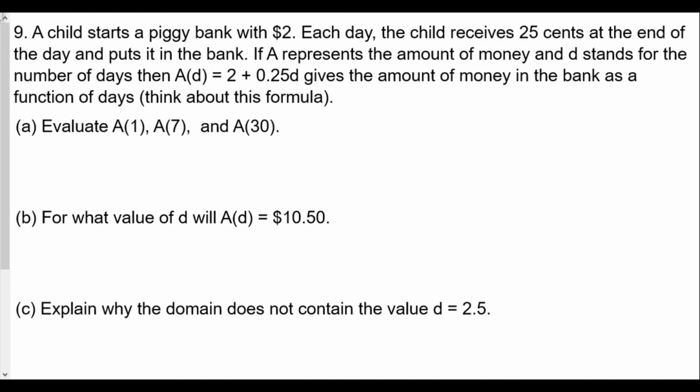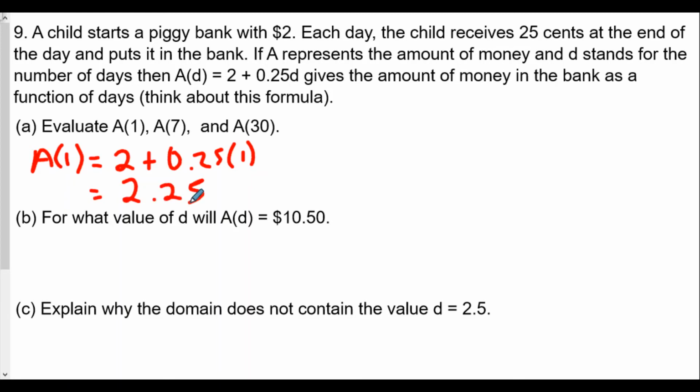So after 3 days, we would have $2 to start off with, adding 3 quarters, 3 25-cent pieces, and so it'd be $2.75. So A of 1 would mean we substitute D with the value 1, so 2 plus 0.25 times 1, and that would be 2.25.